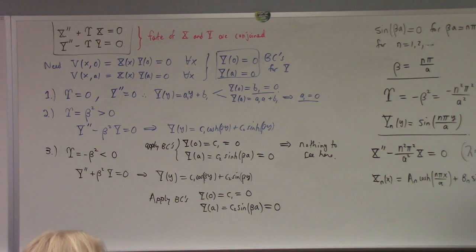We have found that this voltage allows this solution of a sub n cosh n pi x over a sine of n pi y over a, plus b sub n sinh of n pi x over a sine of n pi y over a, right?